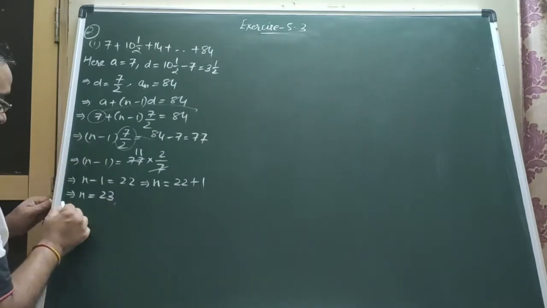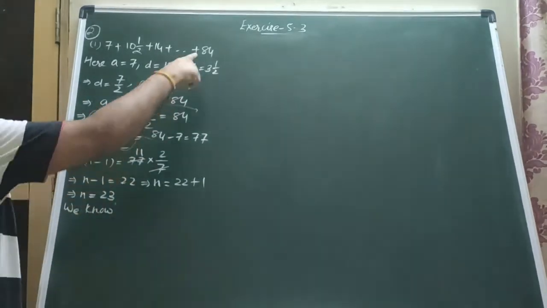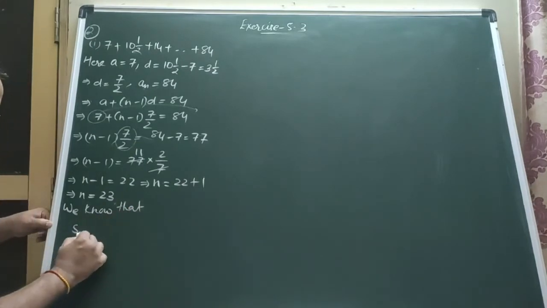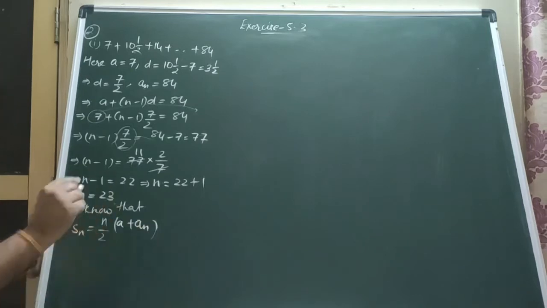Now which formula will we use? The second formula. Why? Because the last term is already given. So we know that Sn is equal to n upon 2, a plus an. We will use the second formula.